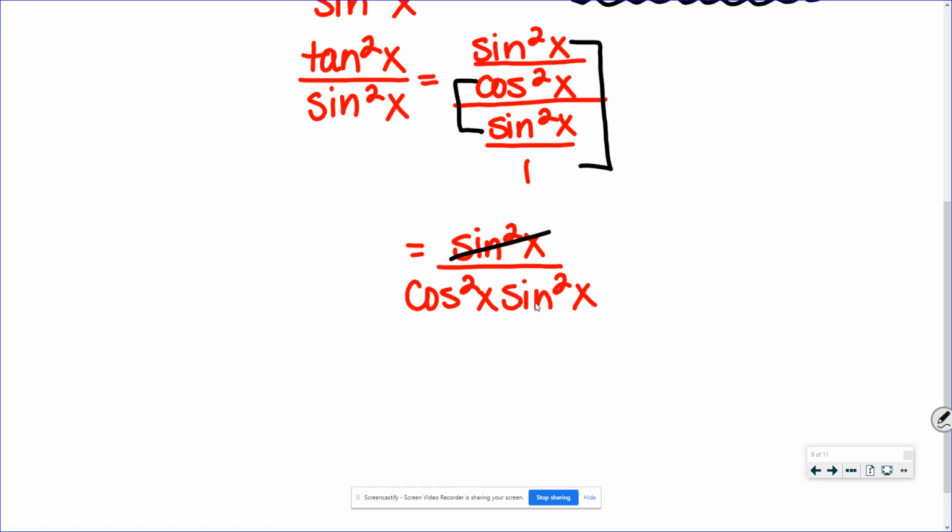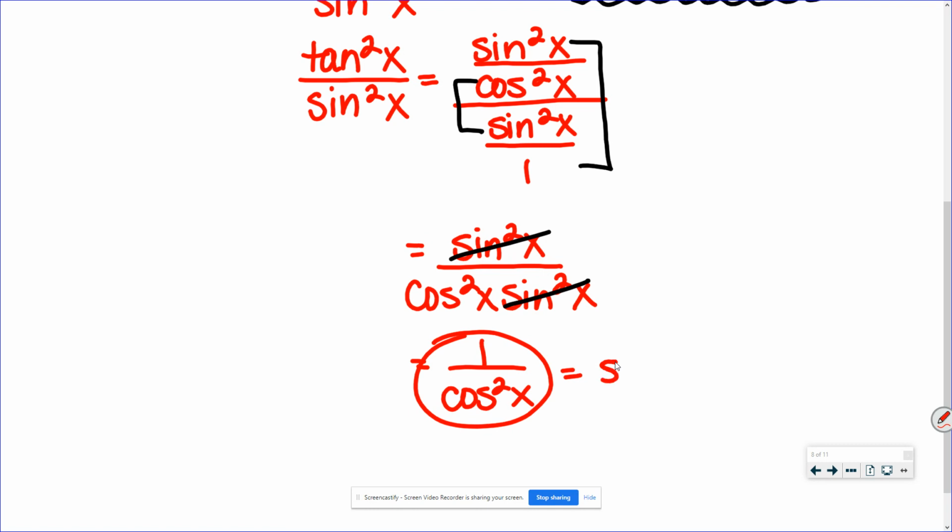And then it looks like sine squared will cancel with a sine squared. So my final answer, option 1, could be to write it as 1 over cosine squared. But then remember that 1 over cos is the same as secant. So this could also be written as secant squared.